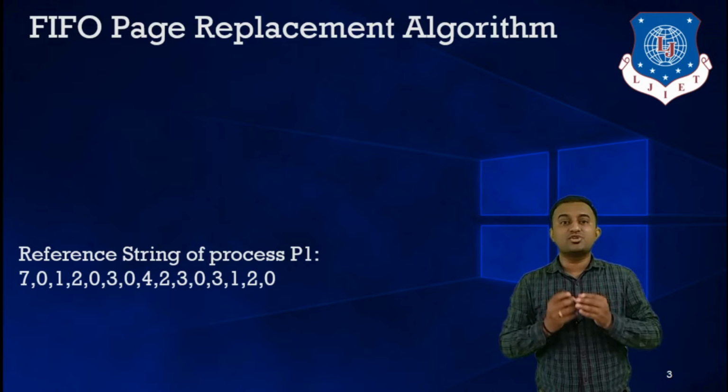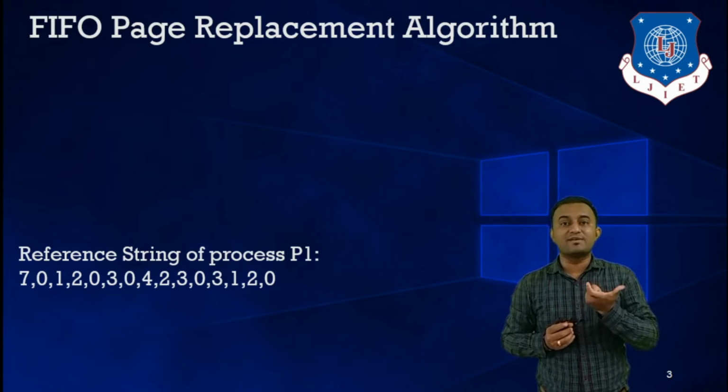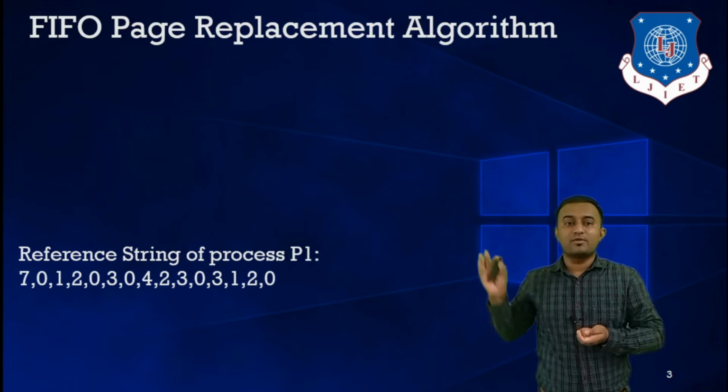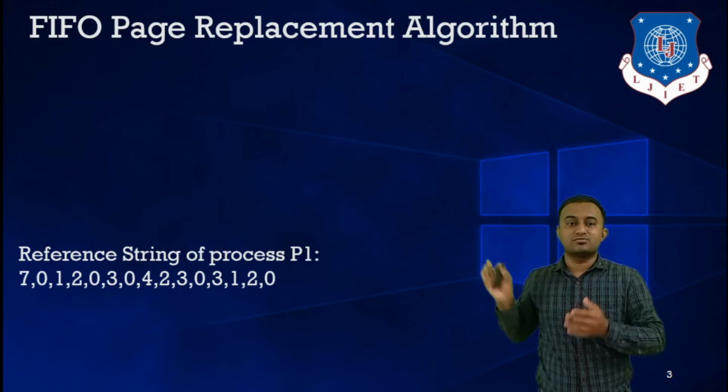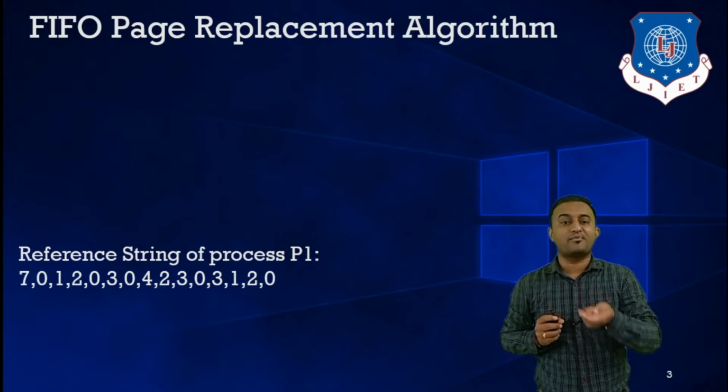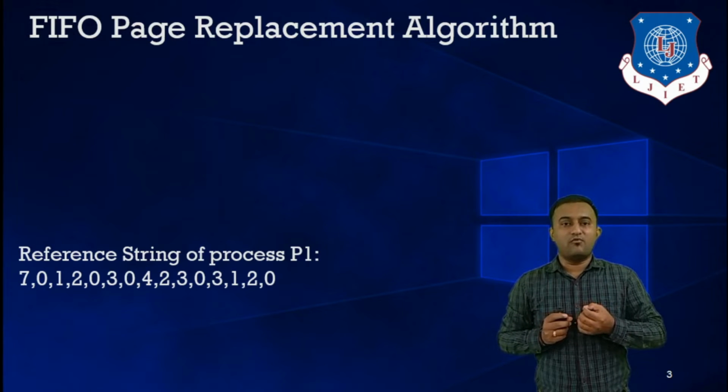In your examination, you will be given such a reference string as an input. You can see the reference string of a particular process; these are various numbers. I have written the reference string of process P1 for ease of understanding.